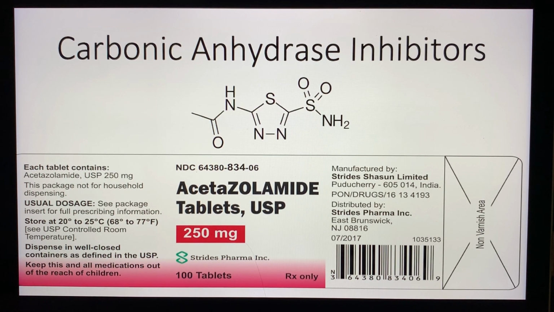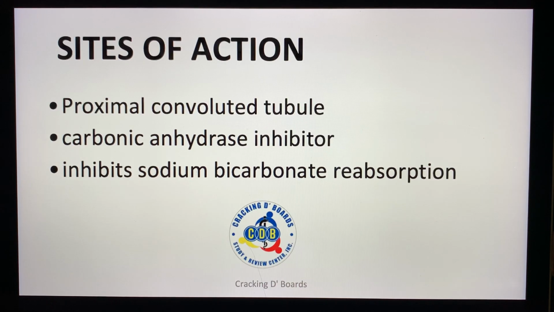Now, let's isolate the first group of drugs, the carbonic anhydrase inhibitors, wherein the drug acetazolamide is the prototype. Now, the site of action of your carbonic anhydrase inhibitors, as mentioned earlier, would be the proximal convoluted tubules.